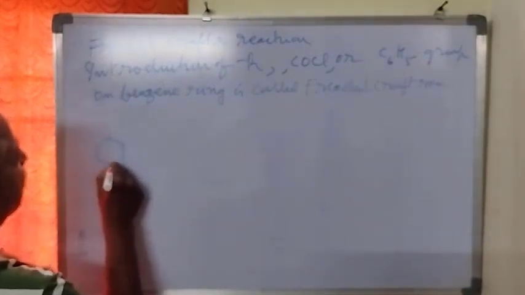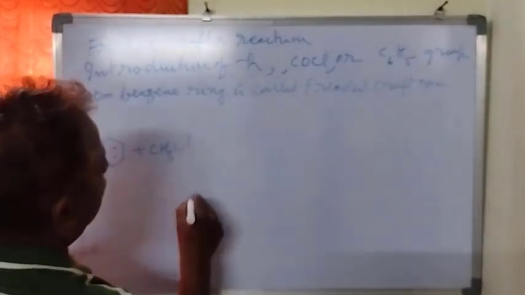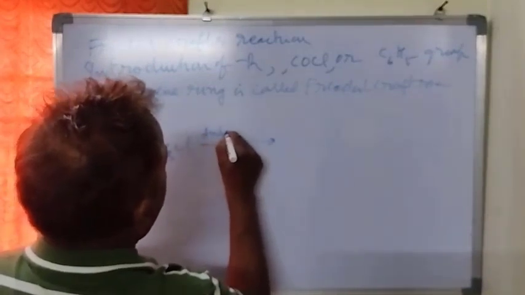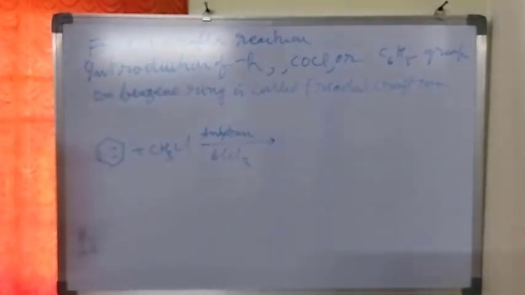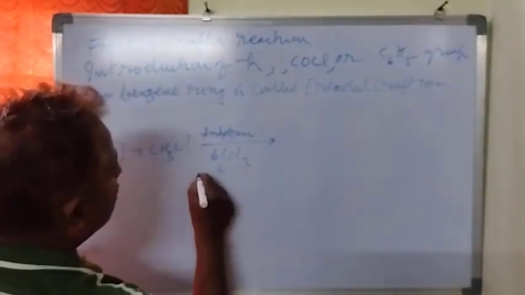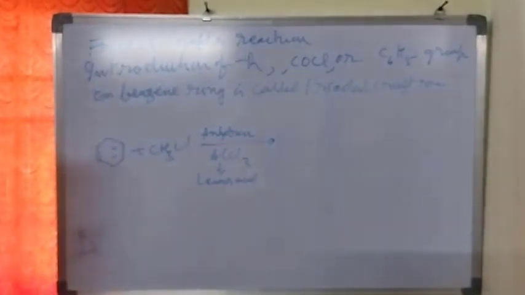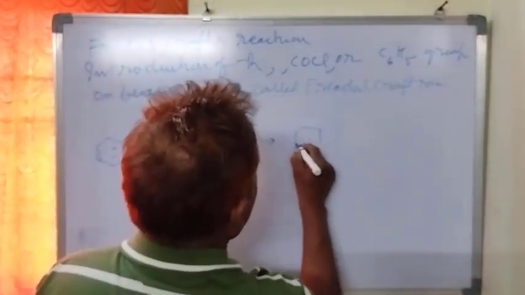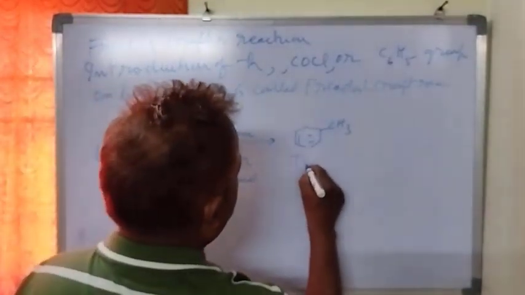So what is the reaction? Here this is a benzene ring plus CH3Cl, methyl chloride, in the presence of anhydrous aluminum chloride. Anhydrous aluminum chloride acts as a Lewis acid, and of course it creates the electrophile. Therefore, what do we get here? This is CH3. What is this substance?